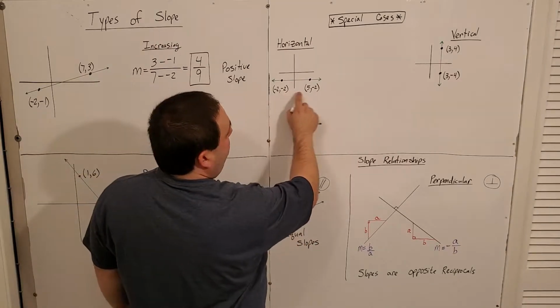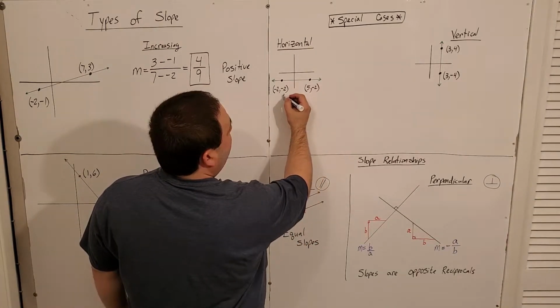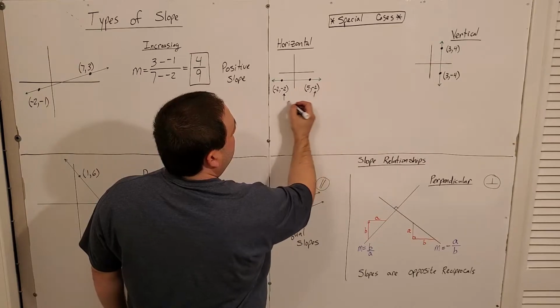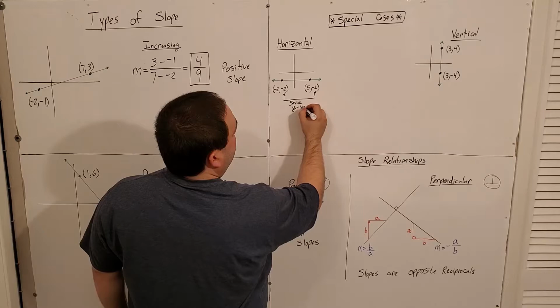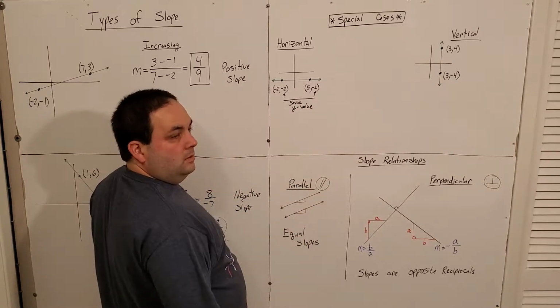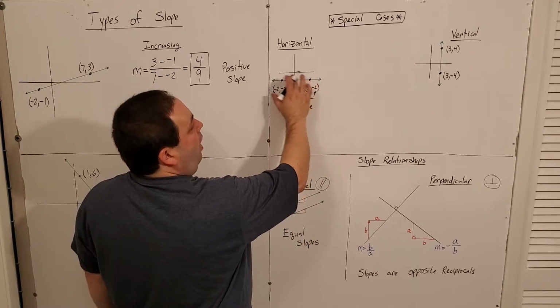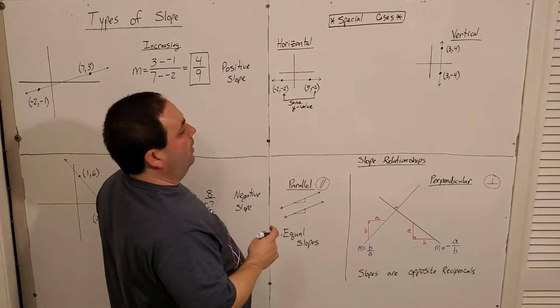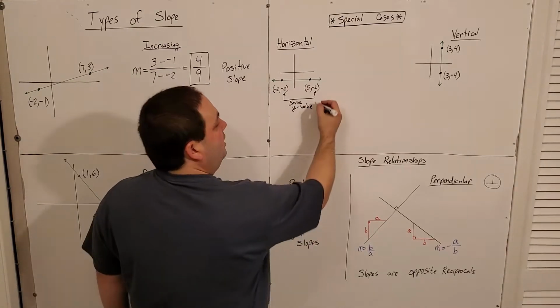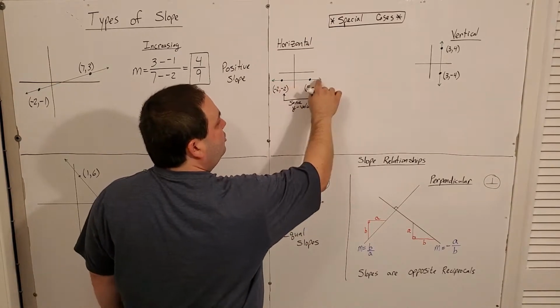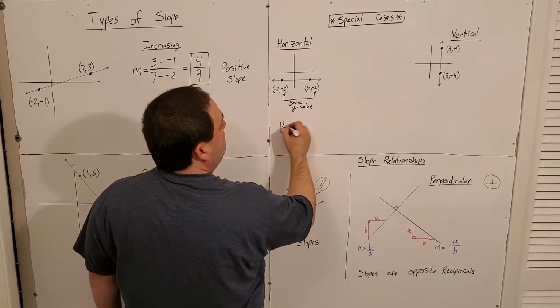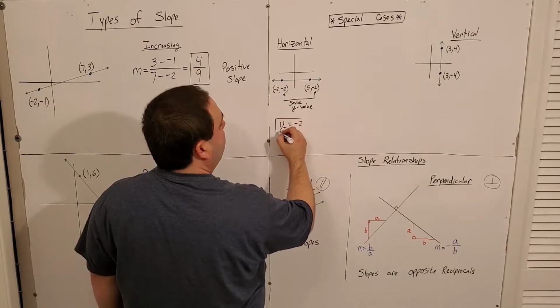Notice both of the points here have the same y value, right? So you can describe all of the points on that line that way. And in fact, that's where the equation for this kind of line comes from. The equation of this line right here is y equals negative 2.